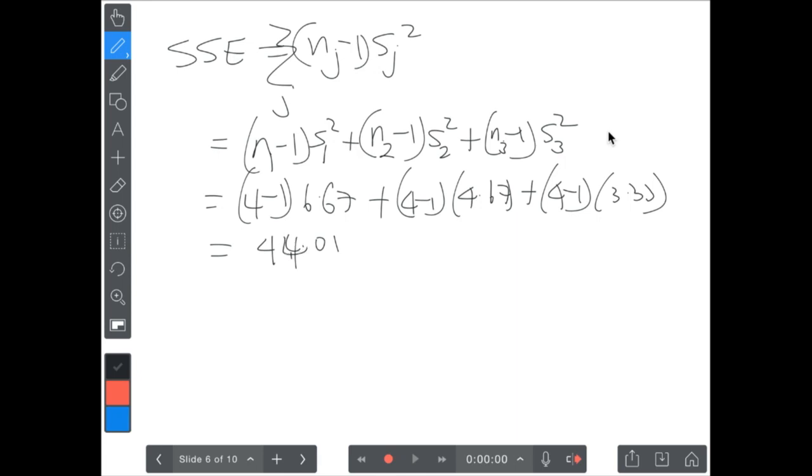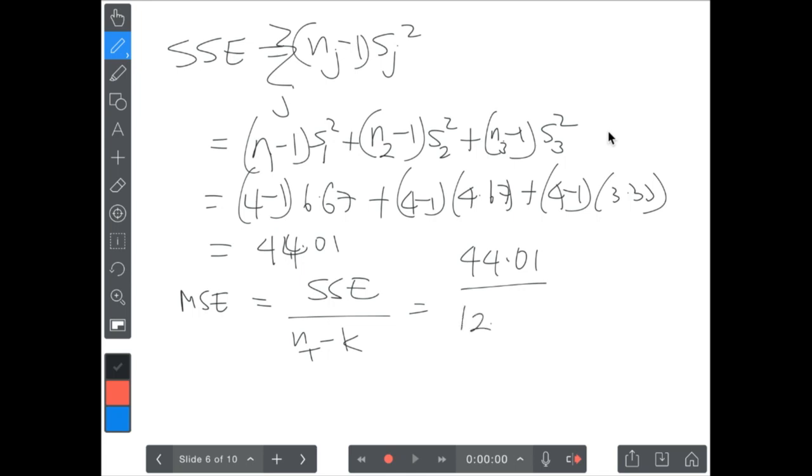I believe that's 44.01. Let me just verify that. Yes. And so MSE is SSE, the sum of squared errors, divided by degrees of freedom, which is NT minus K. NT is 12, so it would be 44.01 divided by 12 minus K, the number of treatments, 3. It gives us 4.89. So that would be MSE.